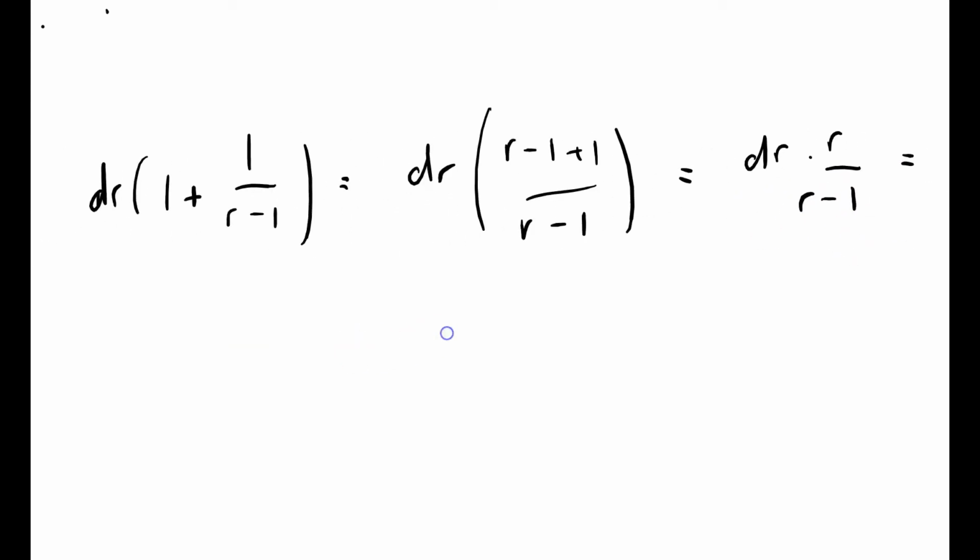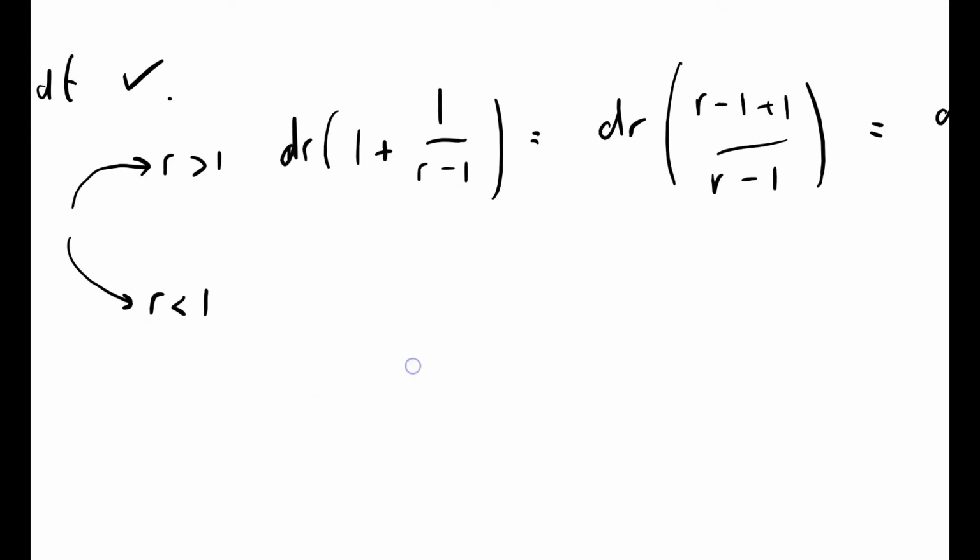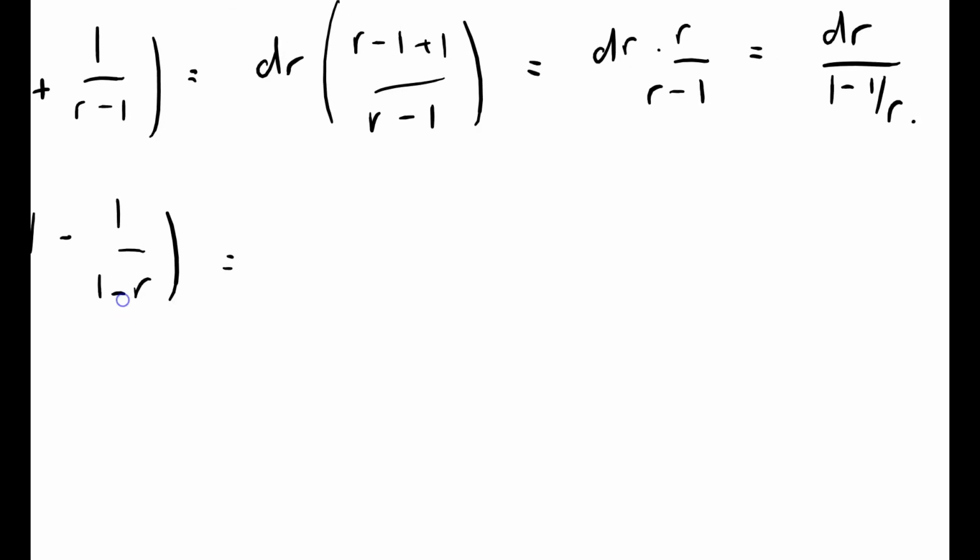That's a better way. Well, let's try developing this system for R less than 1, and now we've got dR of 1 plus, actually no, it's 1 minus 1 over 1 minus R, which is of course the same thing, because I've just switched the sign of the numerator and switched the sign of the denominator. So it's dR over 1 minus 1 over R. So that's quite nice.